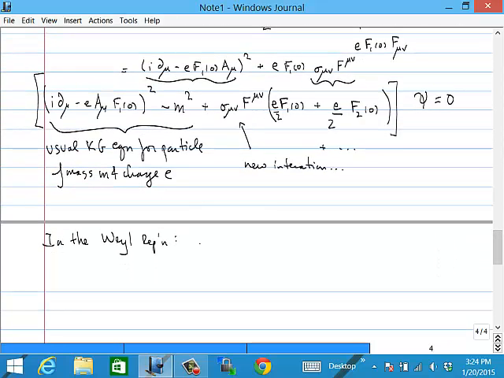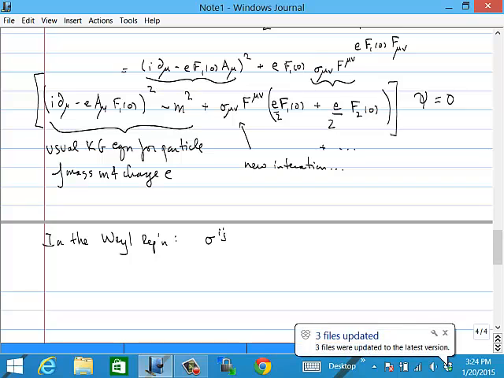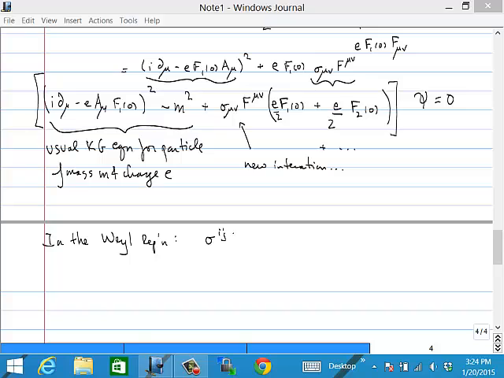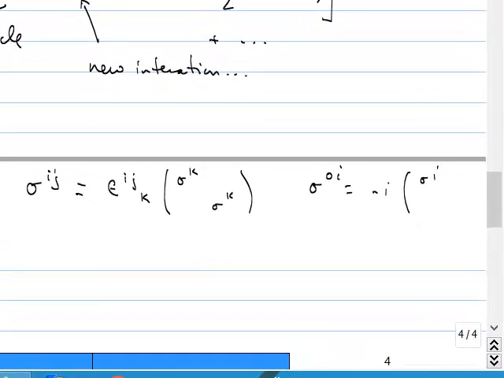And in this notation, sigma^{mu nu} just takes a very simple form. It's just a diagonal matrix. So sigma^{ij} is epsilon^{ijk} times sigma^k along the diagonals, and sigma^{0i} is just i times the Pauli matrices along the diagonals.